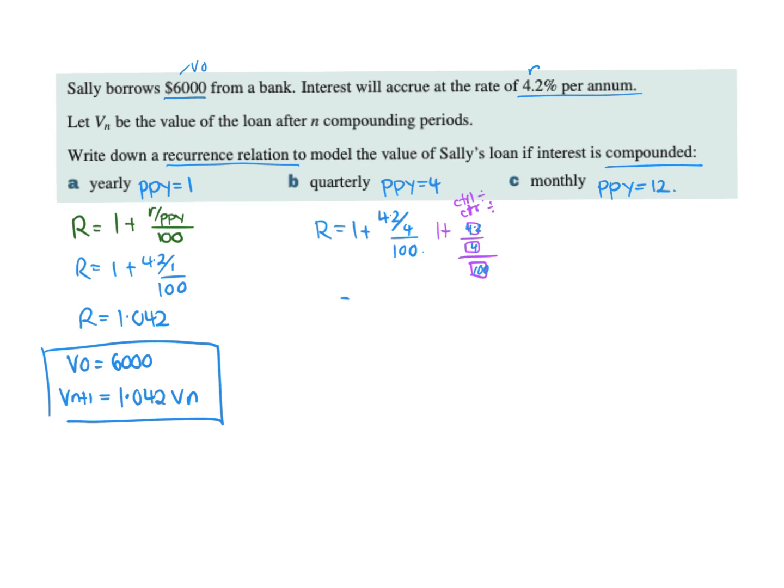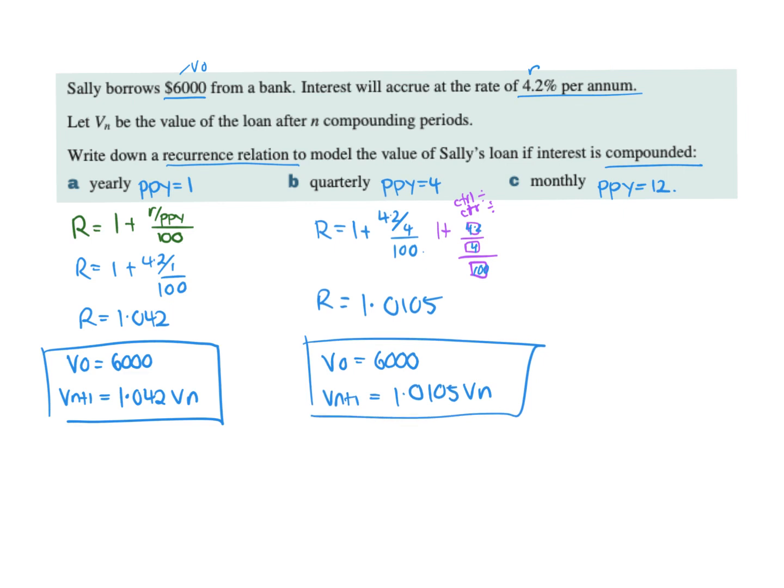So when you do that, we end up with, this one will be the R equals 1.0105. So if I go to write this one's recurrence relation, still starts at 6,000, but the rule is different, and it's 1.0105 VN.